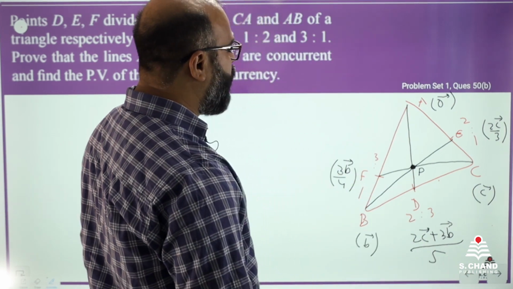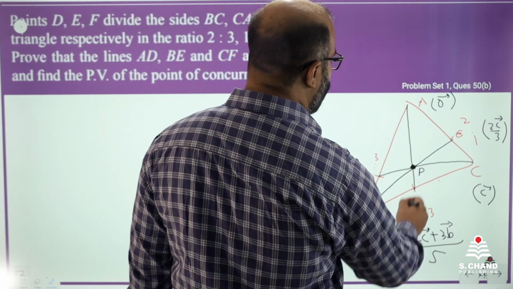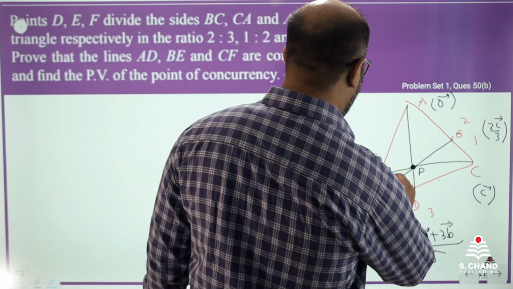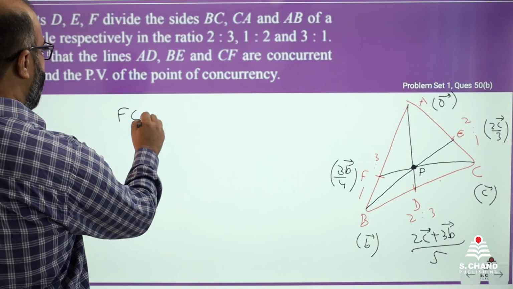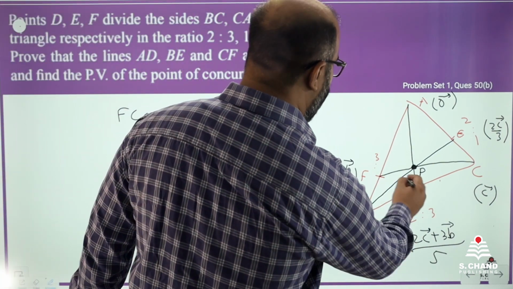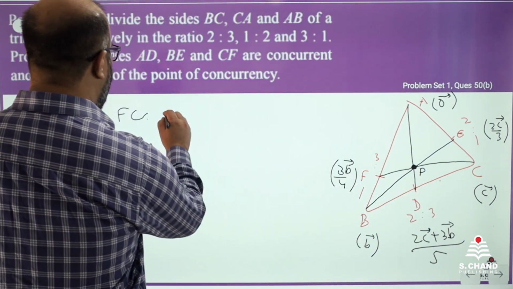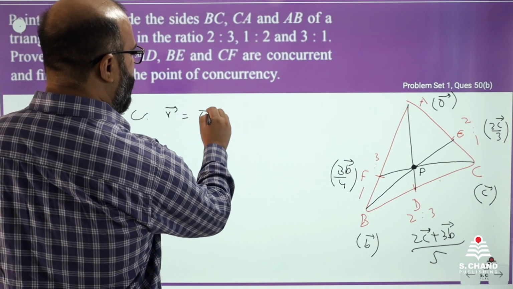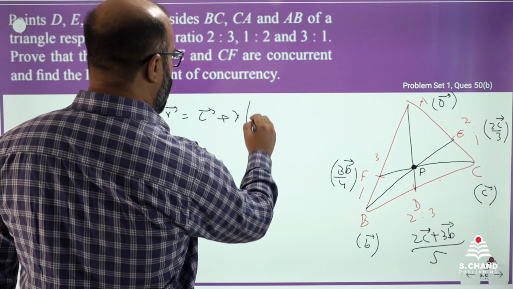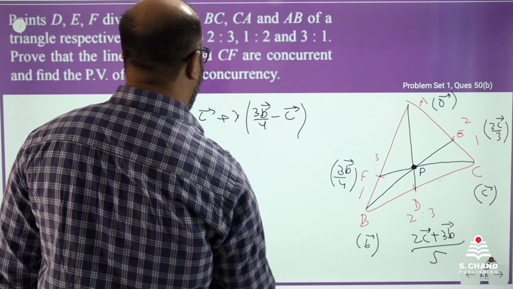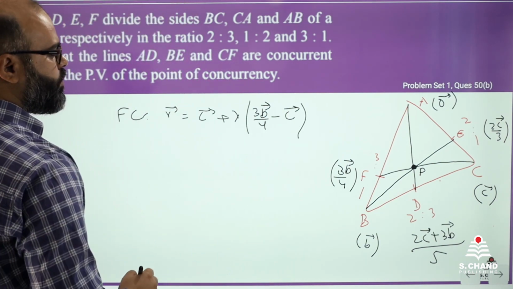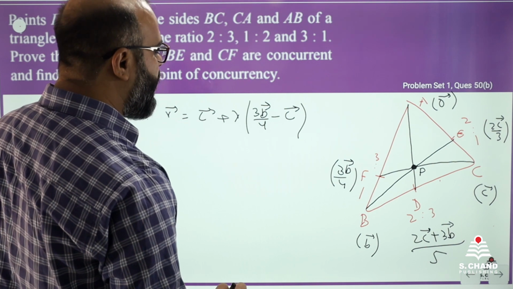Now if you talk about the concurrency of the point P, let us take the line FC. FC will be the line R is equal to C plus lambda times 3B by 4 minus C, like this. Okay, the equation of a straight line when two points are given.